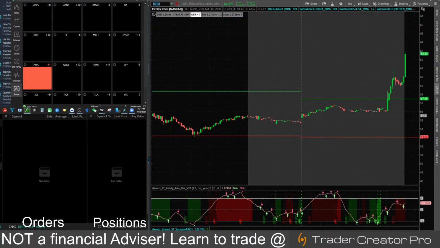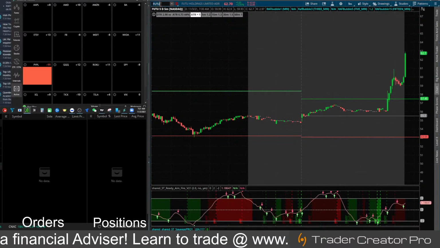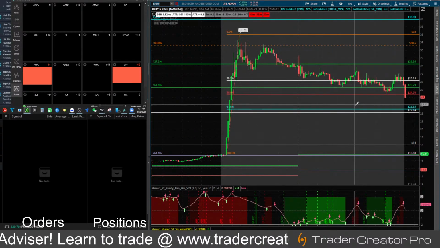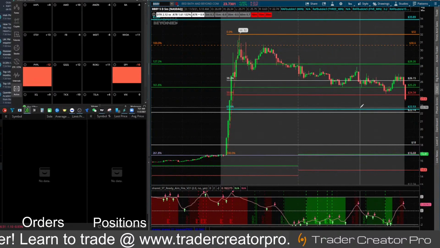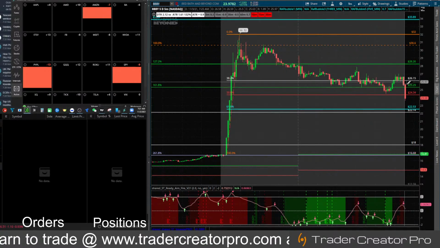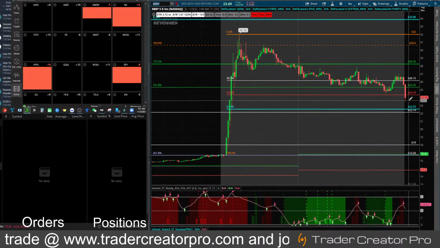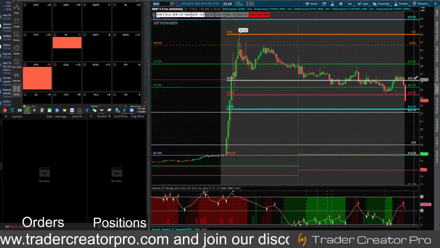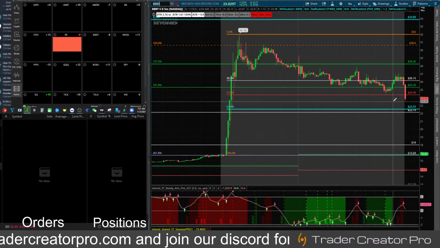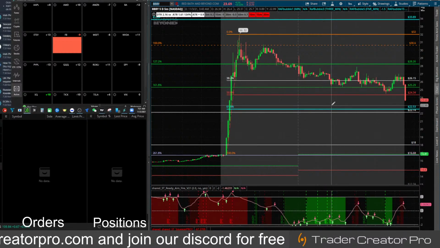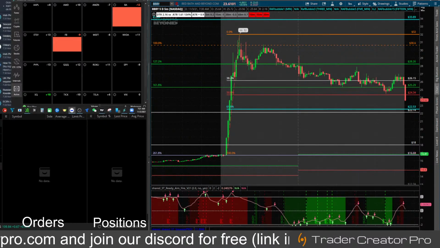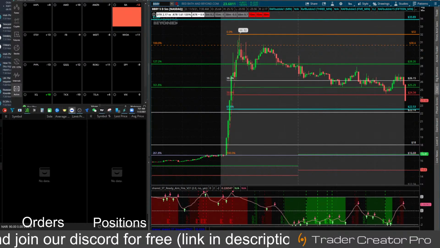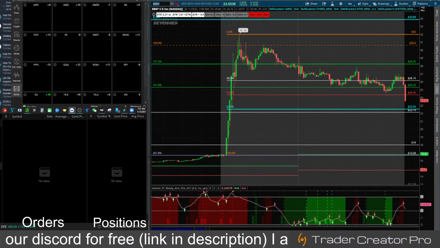BBBY coming on in a little bit. I'm liking BBBY for a dip here at 22, that 22 level. Got to be careful though with a halt as well. We're coming in pretty fast here. $23.50.